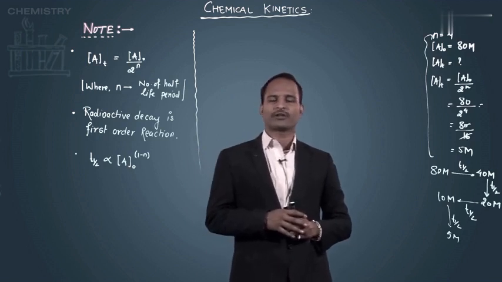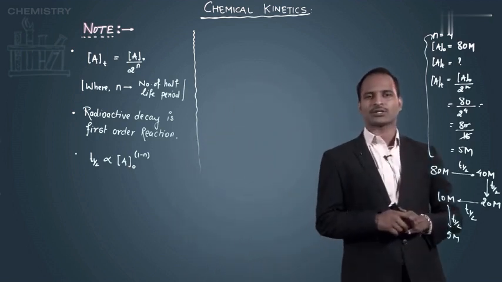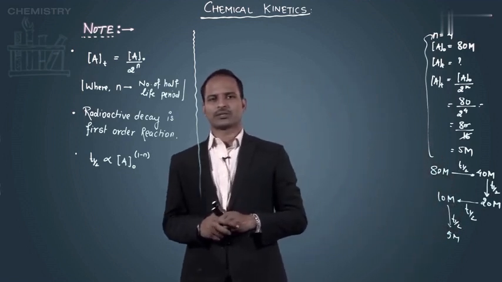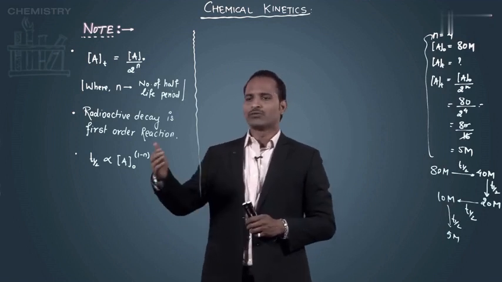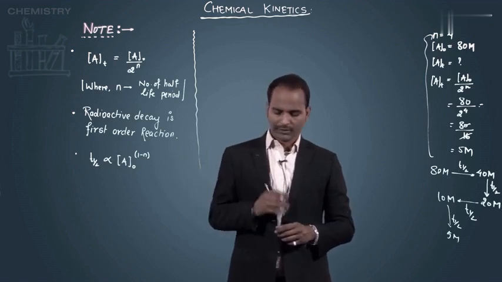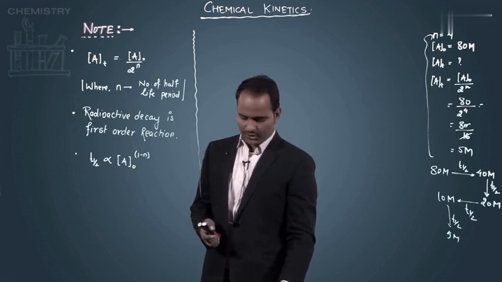We just did the half-life period for two reactions, that is zero order reaction and first order reaction. In zero order reaction, we came to know that half-life period is directly proportional to initial concentration, while in case of first order reaction we came to know that it was independent of concentration of reactant. So this also gives the same relation.